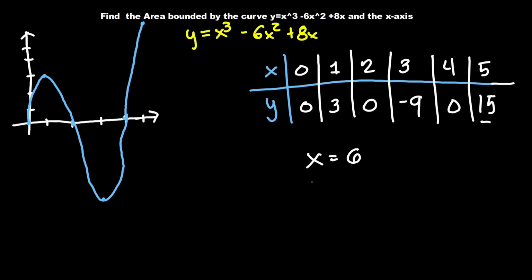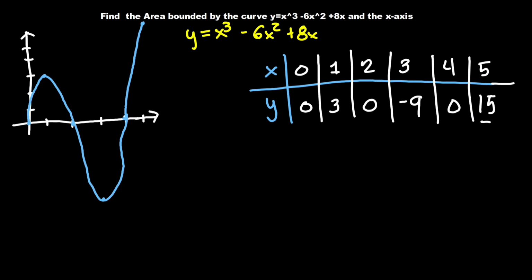So, if x here is equal to 6, y here would be equal to 48. So we can conclude that it will just go up and up. It will never go back down to the curve. So we are good here.